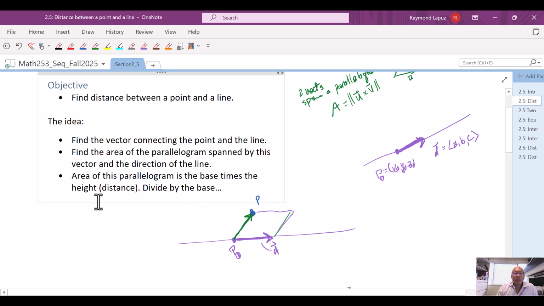Whatever the area of that parallelogram is, let's do this in green, the area is going to be given by the magnitude of, let's call this vector v just to give it a name, the magnitude of v cross the direction vector d.